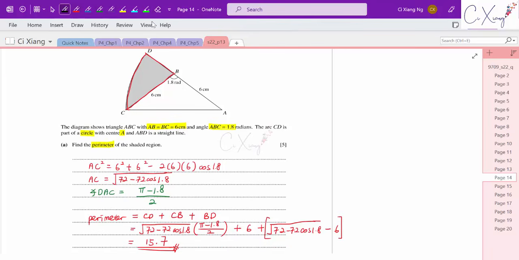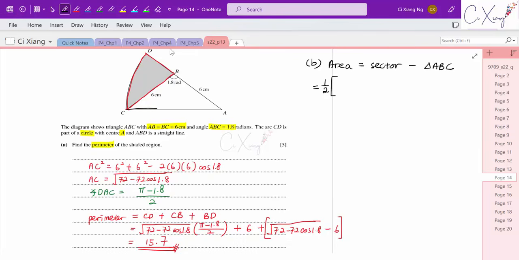Okay, part B. I want to get the area of the shaded region. I will need the sector area minus the area of the triangle ABC. So what is the sector area? The sector area will be half r squared theta. So half, I just copy as a half. What is the value for r?